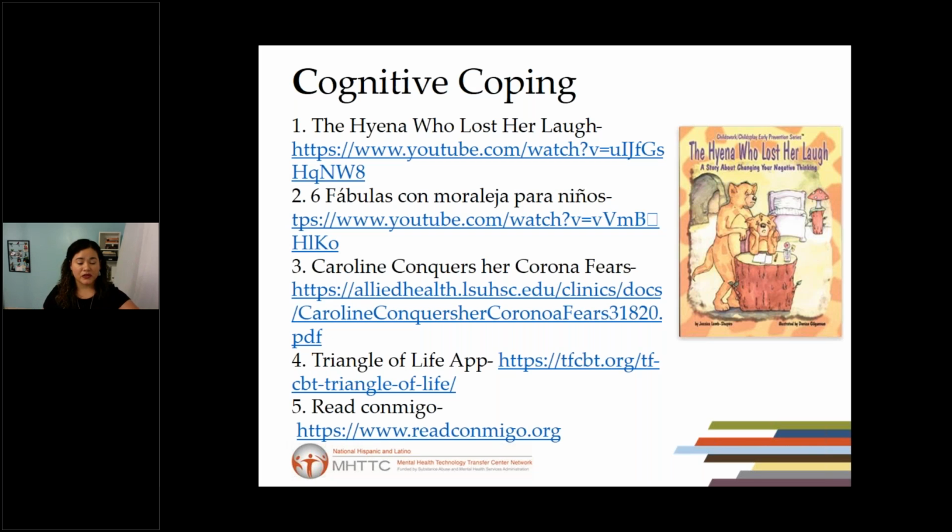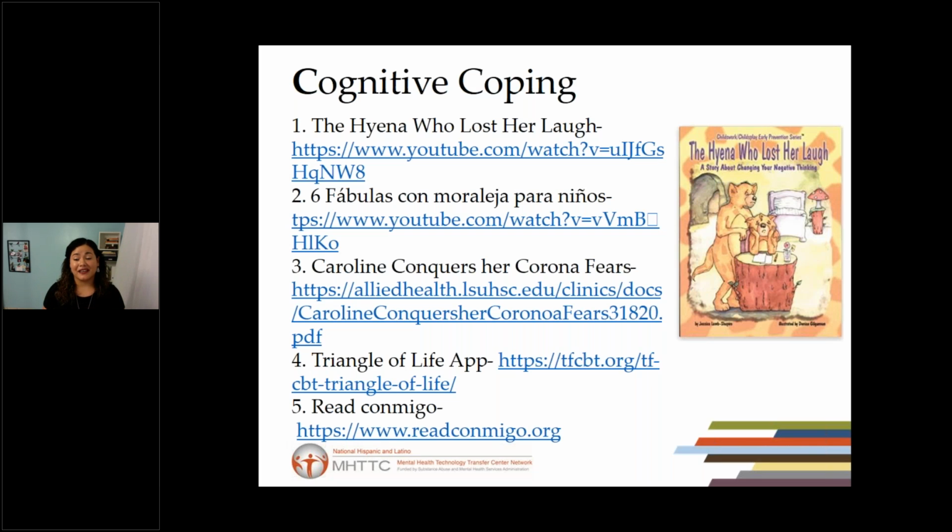So the cognitive coping component. Here are other resources that you can use with your clients. Here we help the clients to understand the connection between the thoughts and behaviors. That is so important, how they're interconnected. With my client, we use the app, the Triangle of Life, and she enjoyed it.